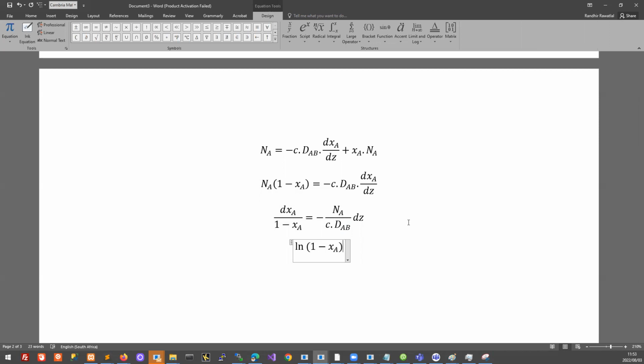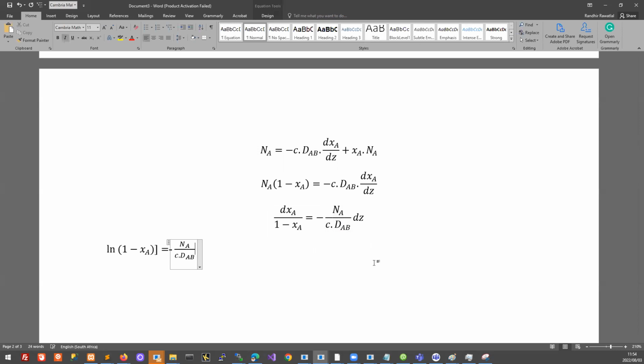And then the limits here are from x_A1, okay, my subscripts are not working, so I'll just write it like this, between points 1 and 2. And then on this side, these are all constants in z, so we can just write this as minus times z.